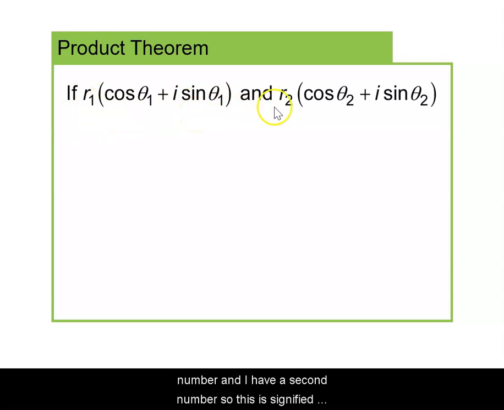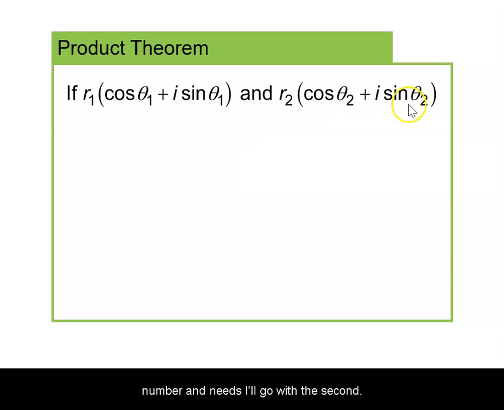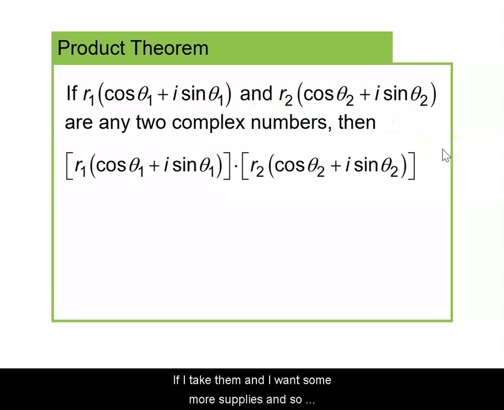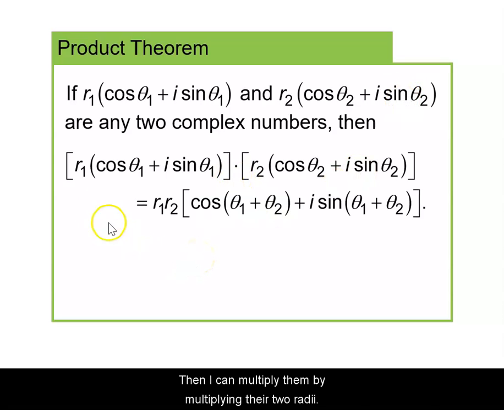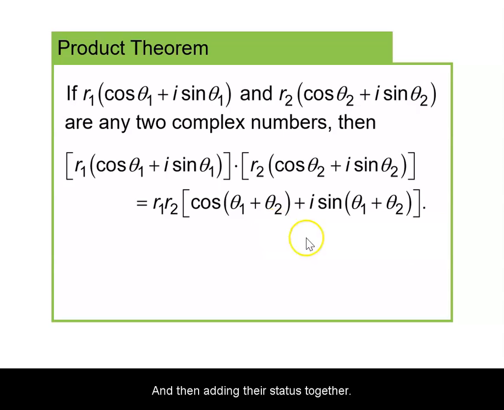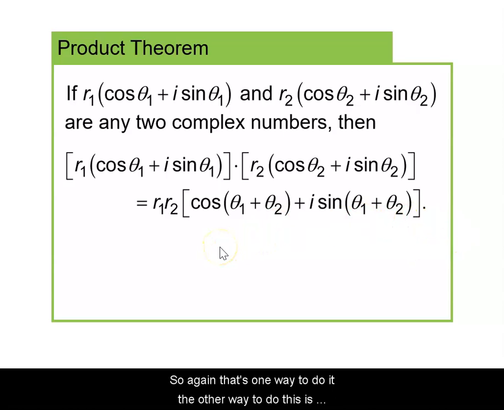And I have a second number, r2 cosine theta 2 plus i sine theta 2. The subscripts tell us which go with the first number and which go with the second. If I want to multiply them, this looks confusing, but all I'm really saying is this number times this number. Then I can multiply them by multiplying their two radii and adding their thetas together.